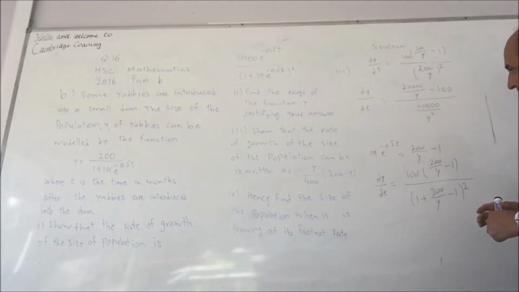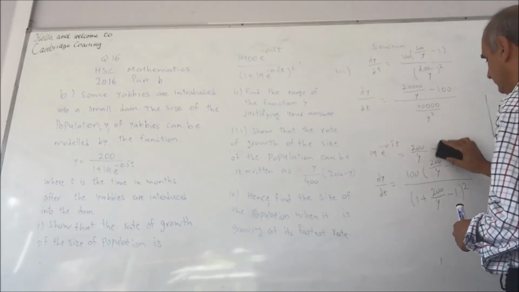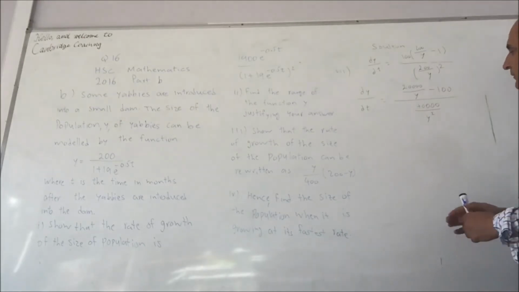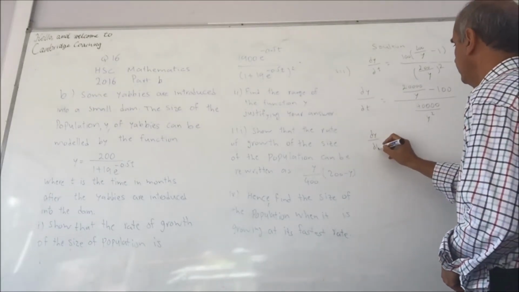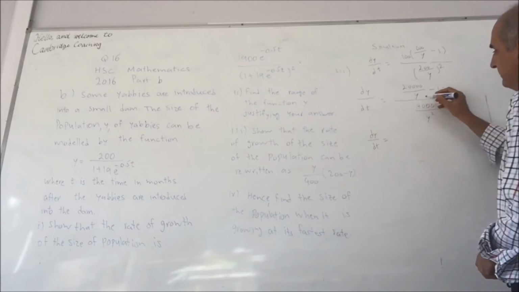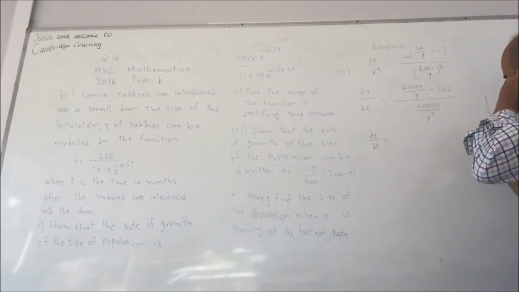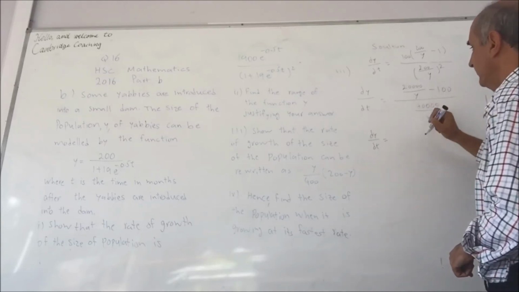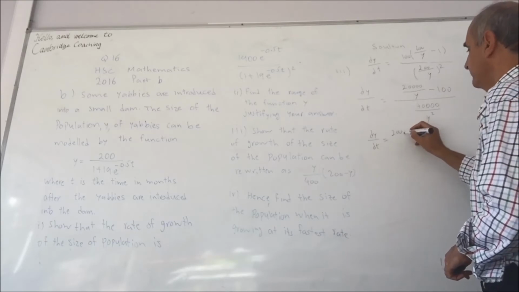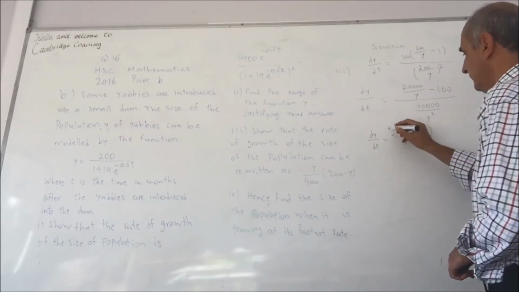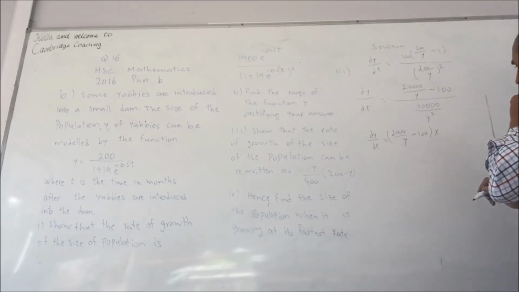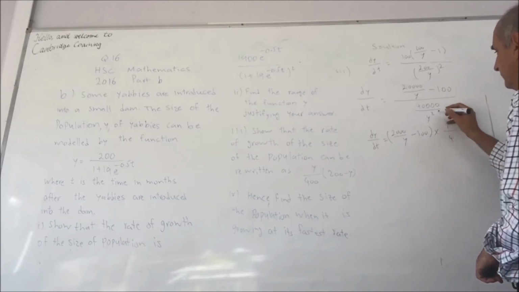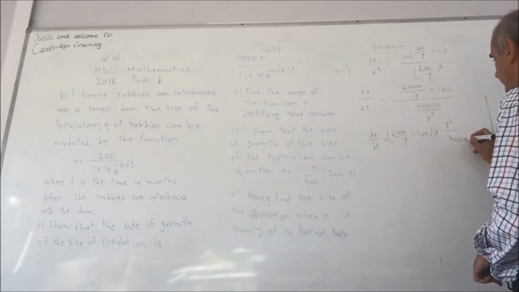Alright, now dy over dt is equal to this, I can treat this big fraction as a division, and when you're dividing two fractions, you can write the first one as it is, which is the top, and then times it by the reciprocal of the other fraction. So I just flip this fraction.